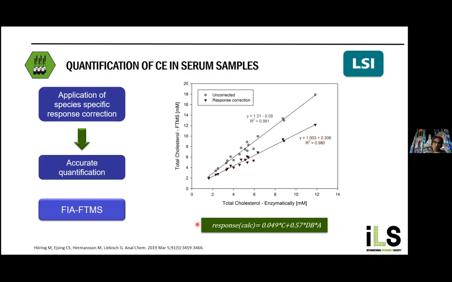If you compare the enzymatically measured total cholesterol, which is used in the clinical chemistry routine, so it's a sum of free cholesterol and cholesterol esters, to the FTMS derived values, you see that without correction you get too high values with the mass spec method. But if you apply that correction model, you get quite a good match of the concentration. So obviously it's necessary to correct for these responses.